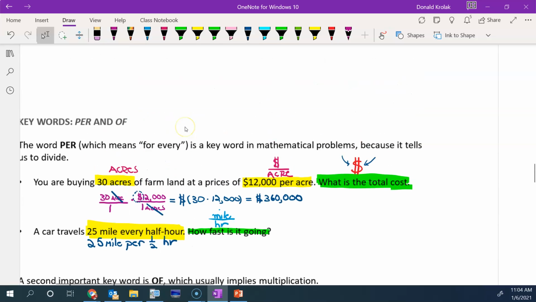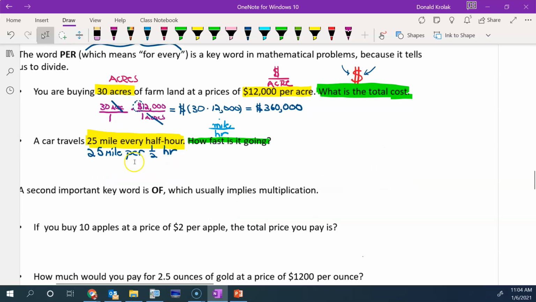So the word per just means for every. So these two phrases are the same. When I see per, I know I'm going to write it as a fraction.